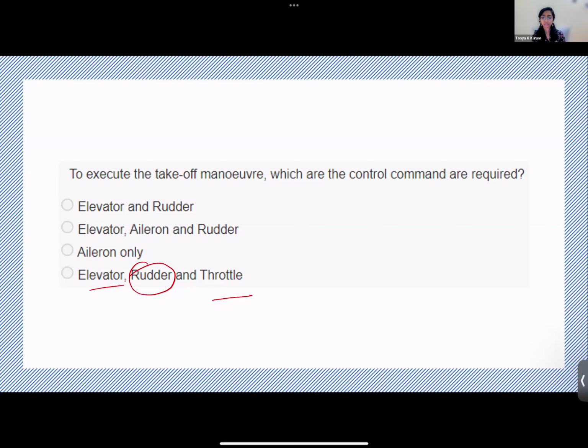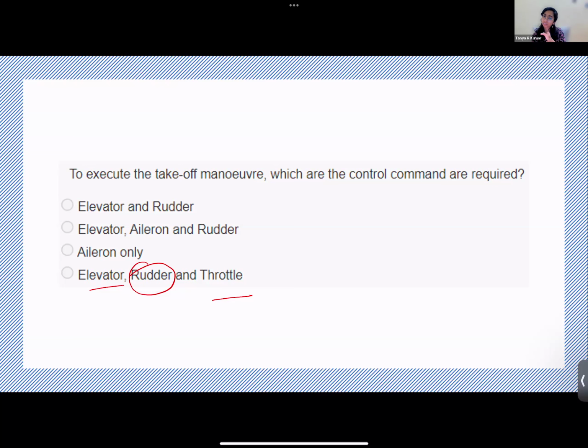There are a few reasons. Can you try telling me some of them? For maintaining direction. Okay. So if I don't deflect the rudder and I am taking off straight, so why would I have to deflect the rudder?